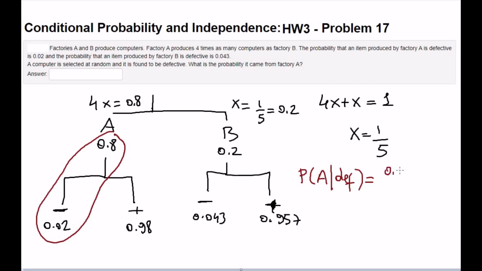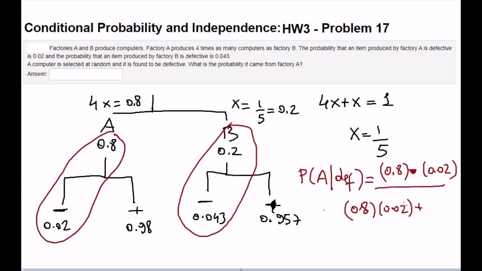It's going to be this 0.8 times 0.02, all over 0.8 times 0.02 plus, since we are picking the defective one, so the same group we have to pick up, so it's going to be 0.2 times 0.043. So this fraction is the answer.